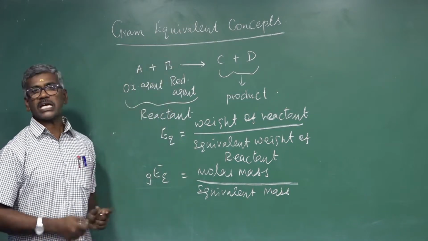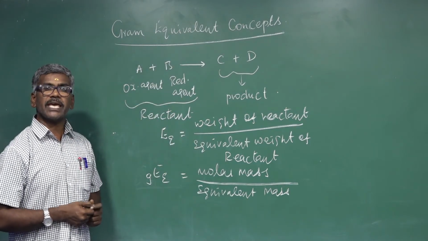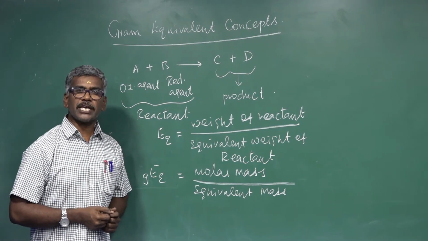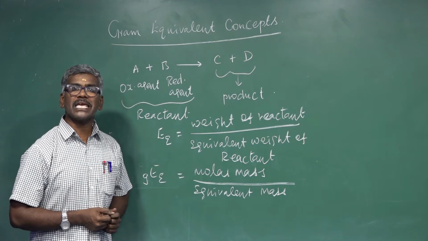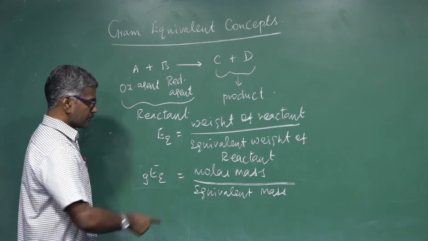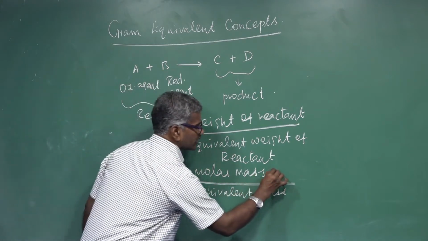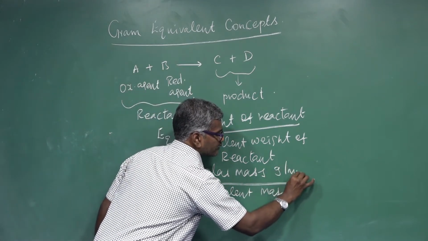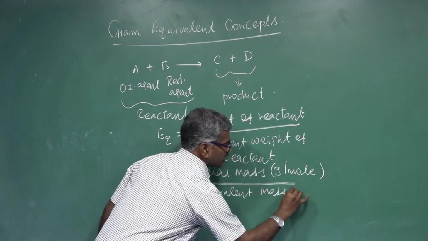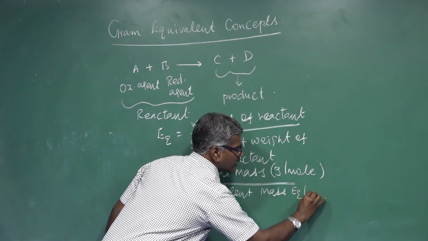The concept of gram equivalent can be explained by the equivalent mass. Equivalent mass has no unit, but gram equivalent mass has the unit gram per equivalent. Molar mass has the unit gram per mole, and equivalent mass unit is equivalent per mole.